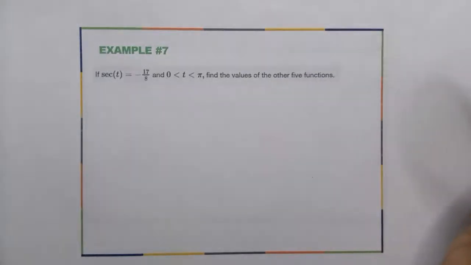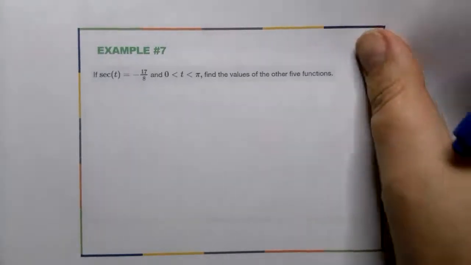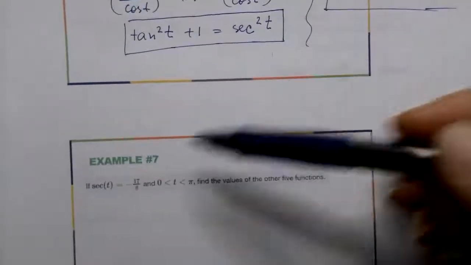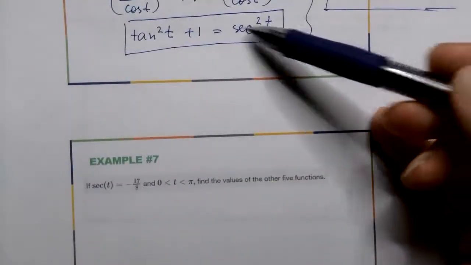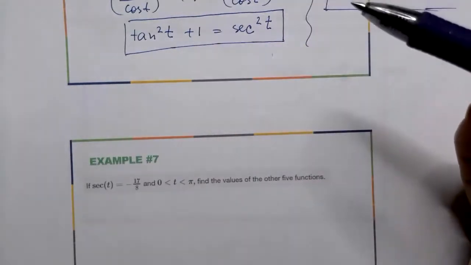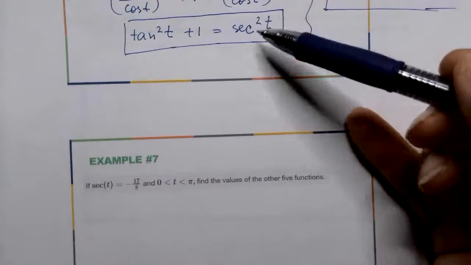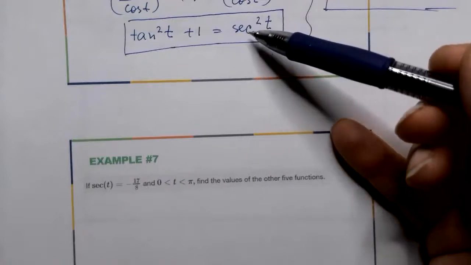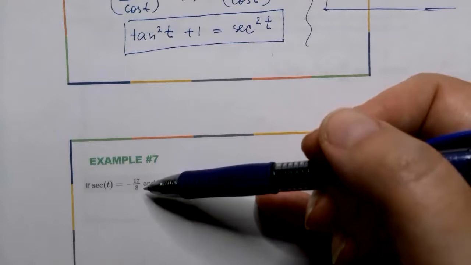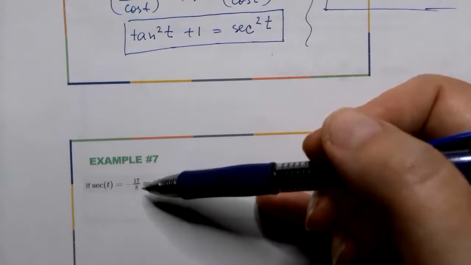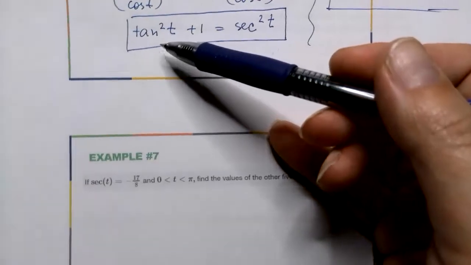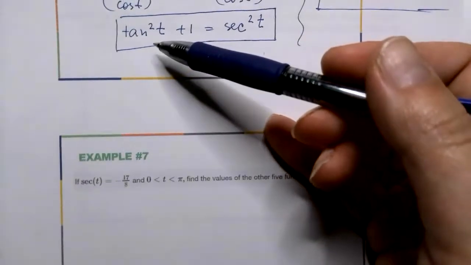I can start with any of the identities that involve the secant and another trig function. I could recall that secant is 1 over cosine and find the cosine first, but just for the sake of it, let's find the tangent using secant.